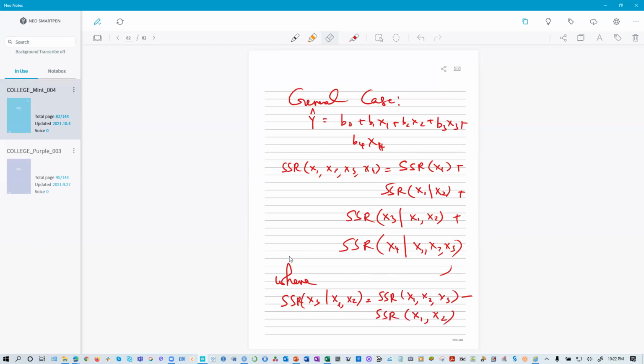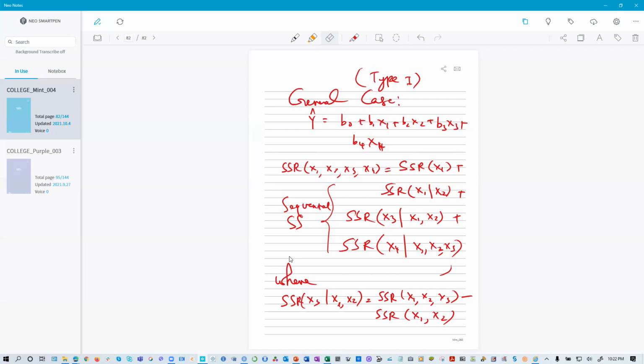In a similar fashion you can do it for all, but we don't do it by hand. You have to get the idea. That's type 1. Those are called the sequential sum of square.